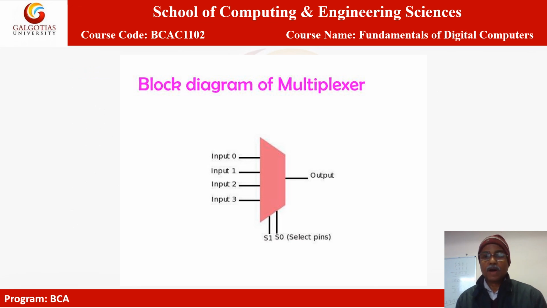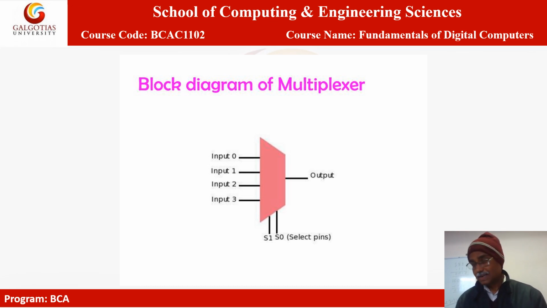Now this is the block diagram of a multiplexer, where you can see that there are four input lines: input 0, input 1, input 2, and input 3, and only one output line. We have to select which input will go to the output line, and for that we have selection lines, that is S1, S0.